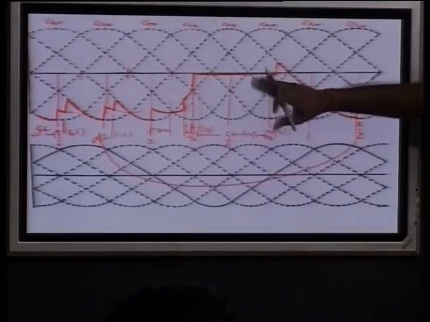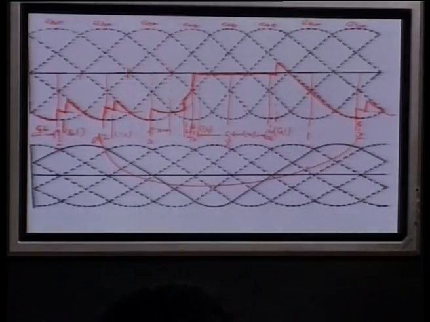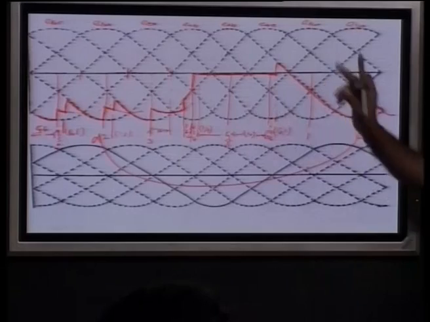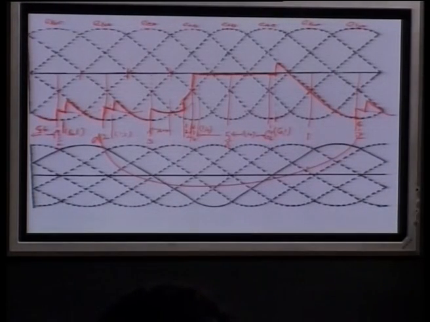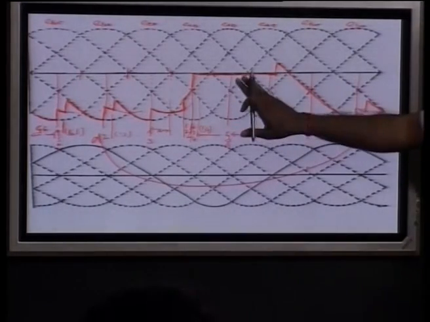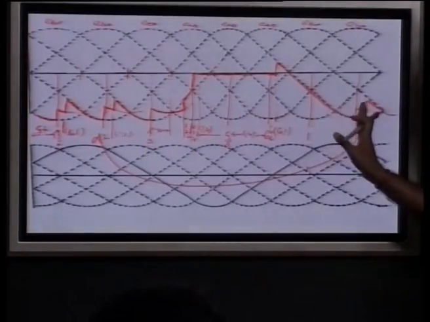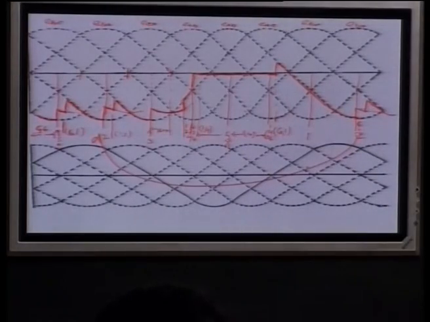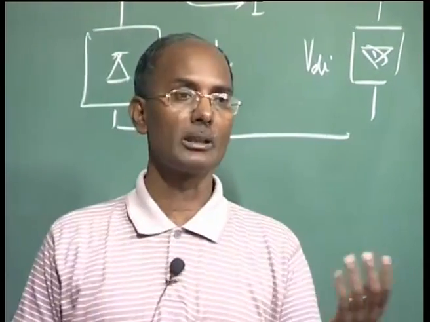Similarly in this case, you have to be very careful. Suppose it is asked to draw the valve voltage across any valve, let us draw the voltage of valve 5. Then you have to see where it is going, what will be the voltage here. That will not be a symmetrical pattern, of course, because during this period, once commutation failure is happening, we are getting a non-symmetrical pattern, so valve voltages will also be different.